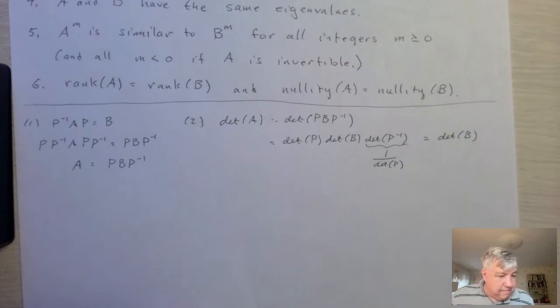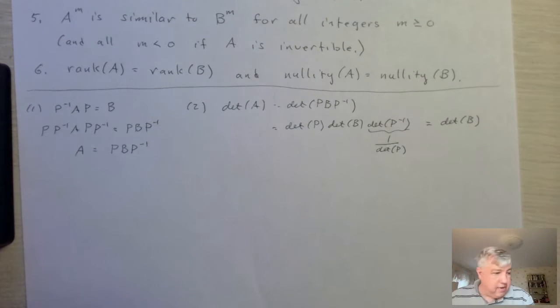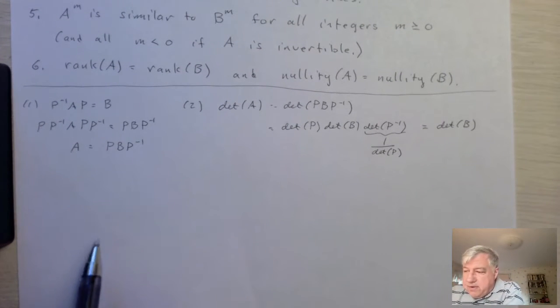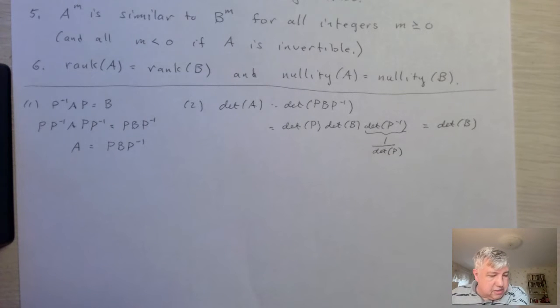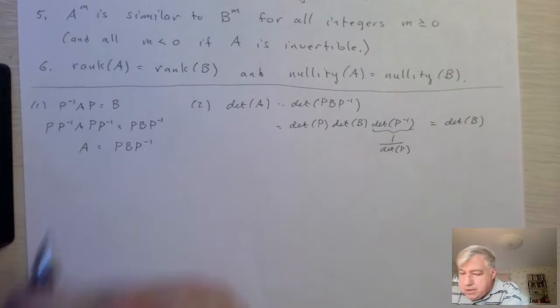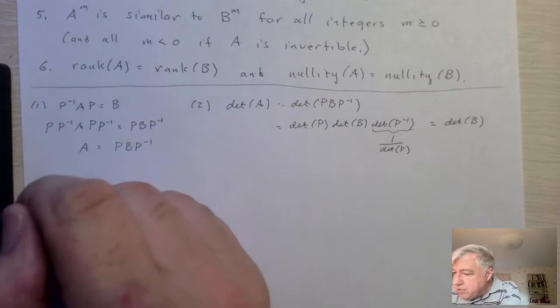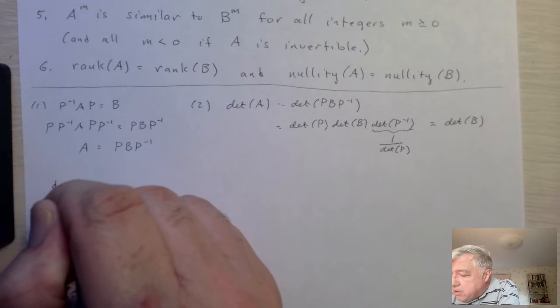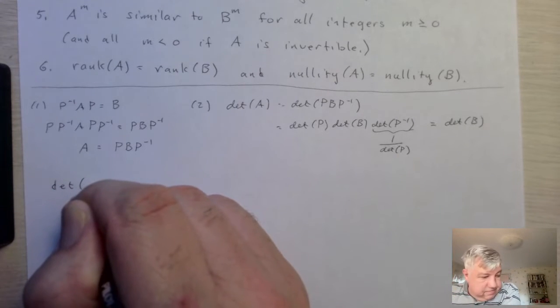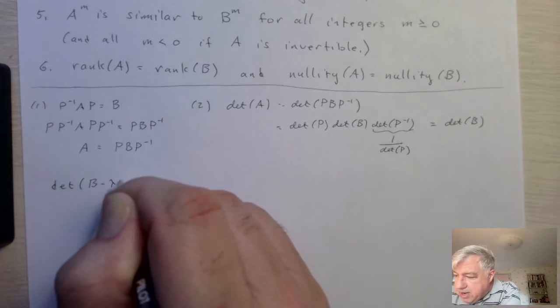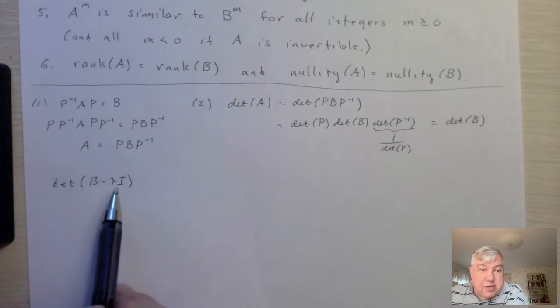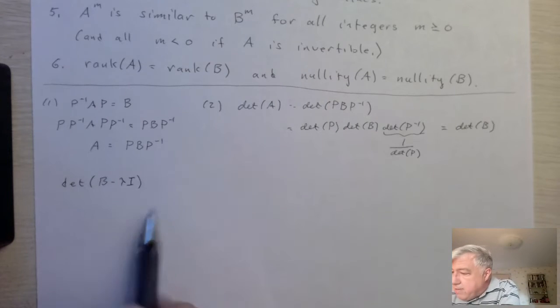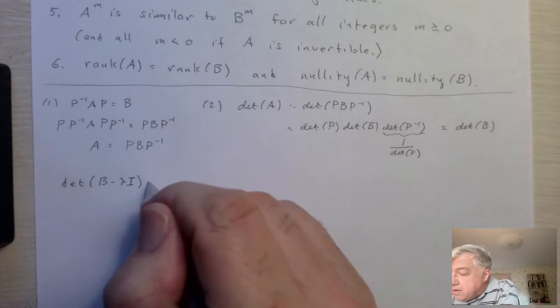To prove 3, we want to show they have the same characteristic polynomial. Let's start with the characteristic polynomial of B, which is the determinant of B minus lambda I. Right now we're just going to take lambda as an indeterminate. And remember, B can be written as P inverse AP.